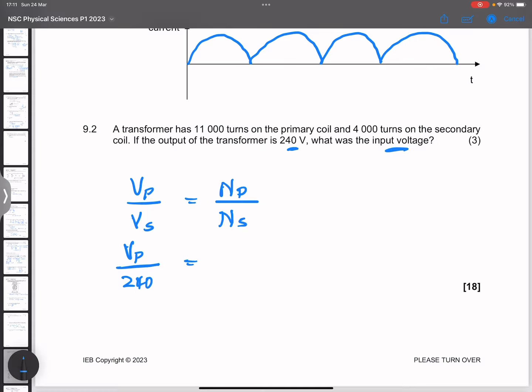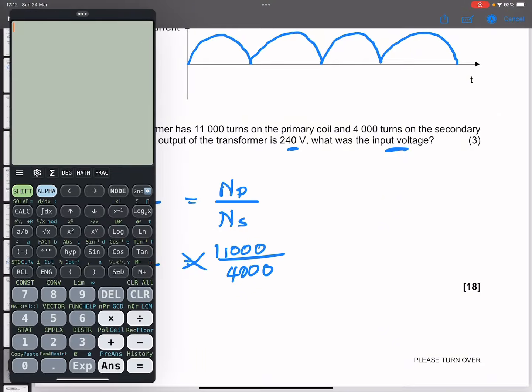NP is, they said, primary is 11,000, divided by my secondary, which is 4,000. Of course I'm going to do some gymnastics there. So this is going to be 11,000 multiplied by 240, divided by 4,000.